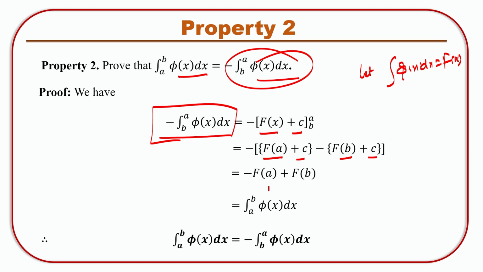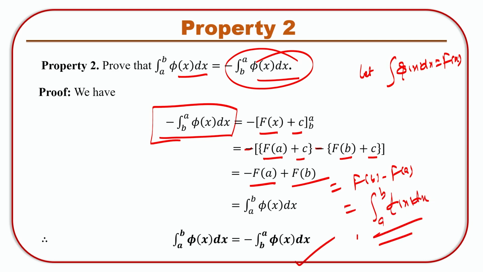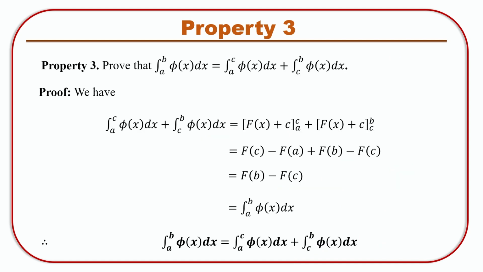So that gives minus F(a), and this minus minus becomes plus, so this is going to be plus F(a). That means this is nothing but F(b) minus F(a), and this is nothing but the integral from a to b of phi(x) dx.